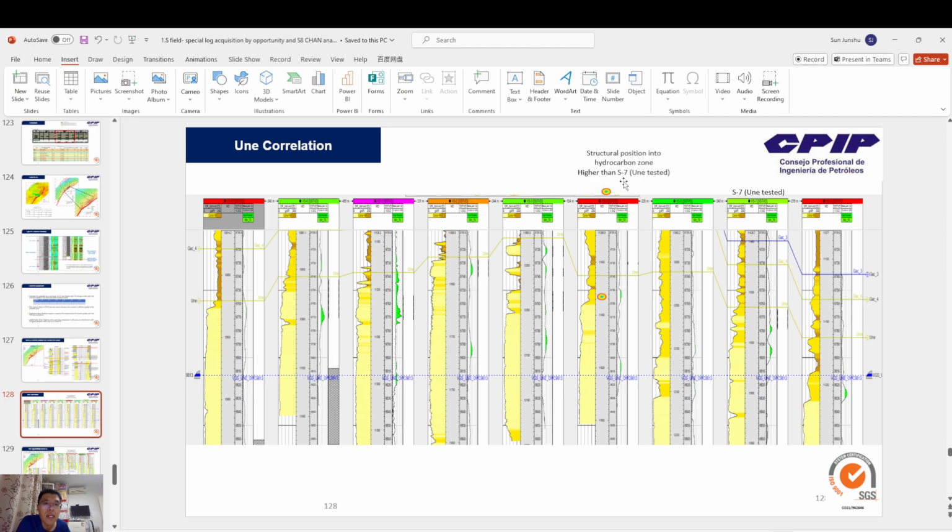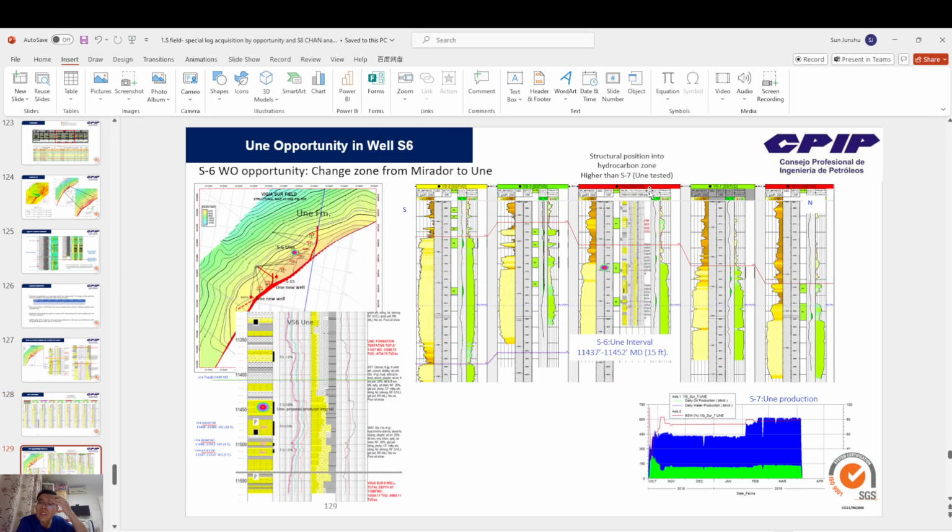S6 is higher than S7 in Wuni tested. S6 workover opportunity changes zone from Mirador to Wuni. If we open the 15 feet, it can produce around 150 barrels per day initially.